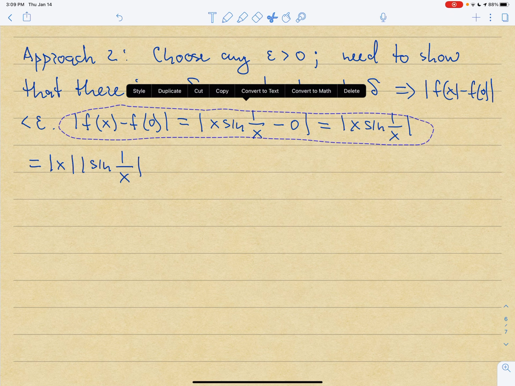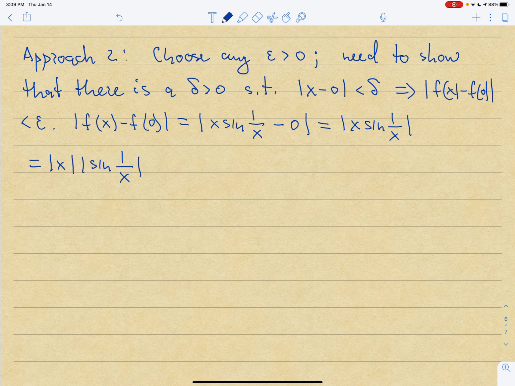And let's use the fact again that for sine of 1 over x, as for any sine of anything, the absolute value is less than or equal to 1, so this should be less than or equal to absolute value of x. And then what do I want? I want that to be less than epsilon. So the conclusion that I can draw from this computation looks the same as what we were doing before when we were proving that the limit of a sequence exists and equals something.